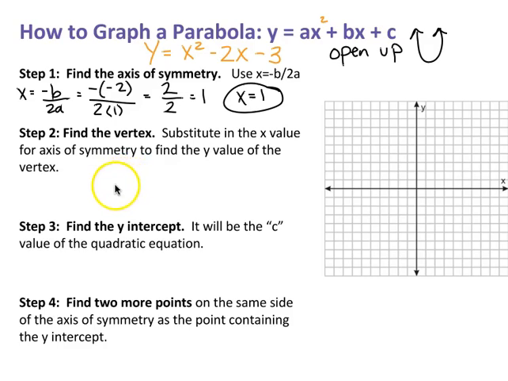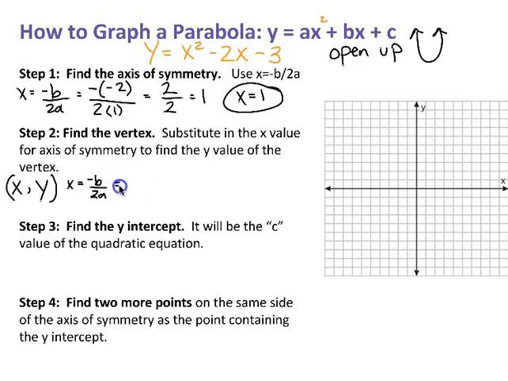All right, so moving on. Now we want to find the vertex. Remember, we're going to have a coordinate for the vertex, an x, y value. To find the x coordinate of the vertex, we use that same equation. We already did that, right?